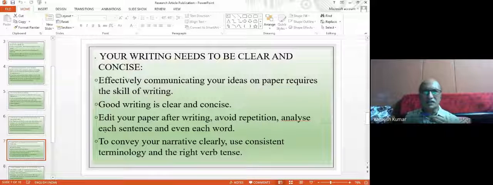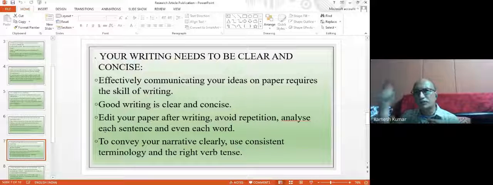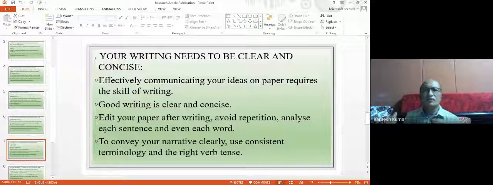Obviously you need to have the writing skill, but you yourself will know. As I told you, when you are talking about the story, there should not be anything that deviates from the plot of the story. So when you don't deviate, obviously it becomes very clear and concise.